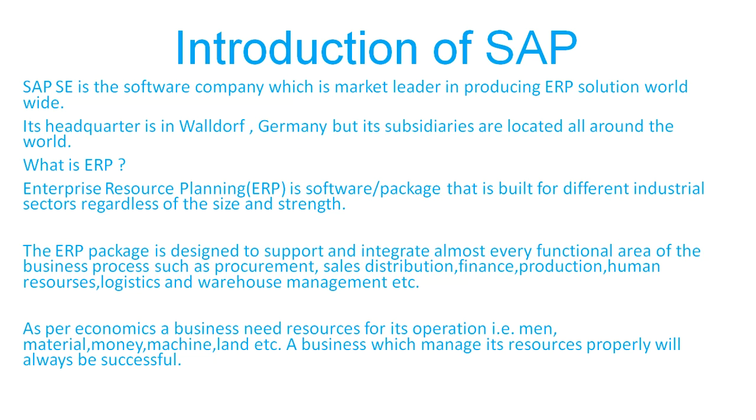But the business which cannot manage its 5 resources effectively always has to face loss. They have to go to the backside of the business. So by using this ERP software, the resources can be used properly.